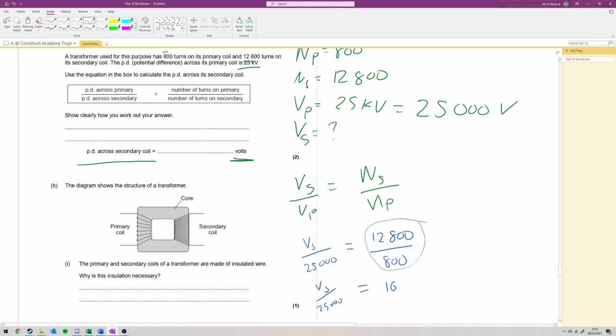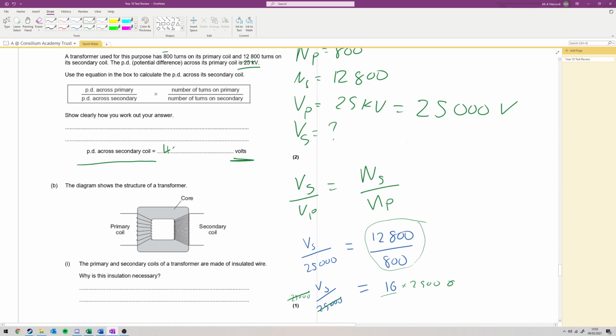Now, to get the voltage across the secondary, I just do 16 times 25,000, because then 25,000 times 25,000 on both sides, like this. That and that cancel. So 16 times 25,000 equals 400,000.